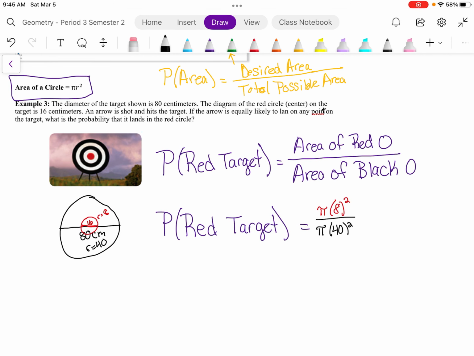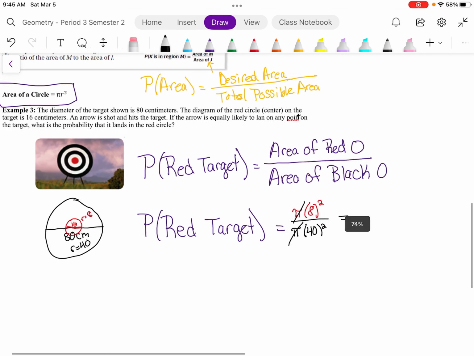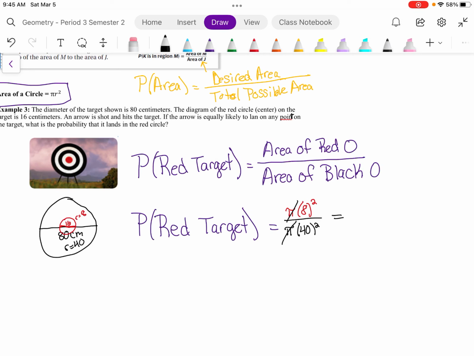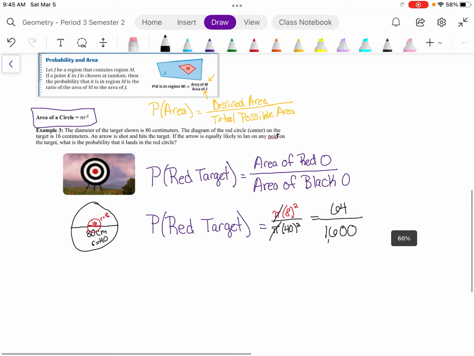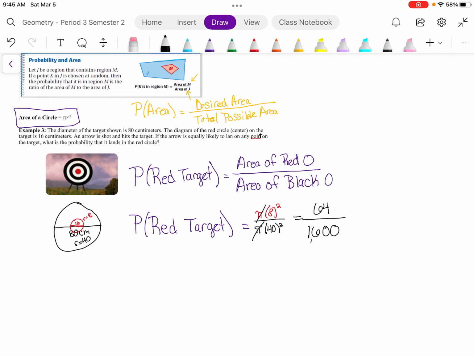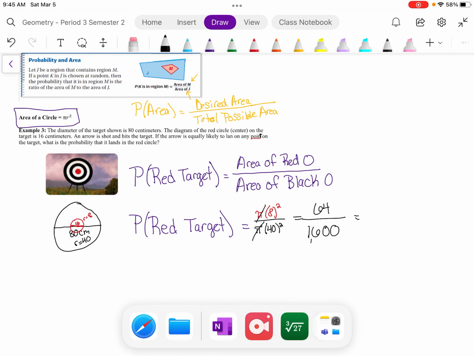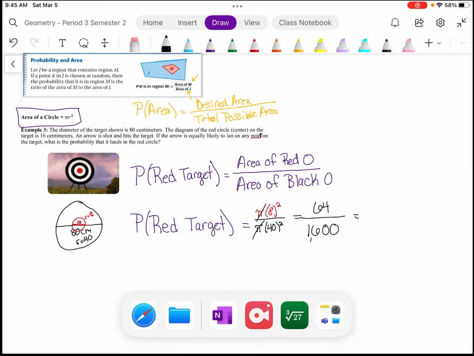And when you're simplifying this, you'll notice there's a pi on the top and the bottom, so those simplify together. And 8 times 8 would be 64 all over, and 40 squared would be 1600. And we just need to simplify this. So we have 64 over 1600.